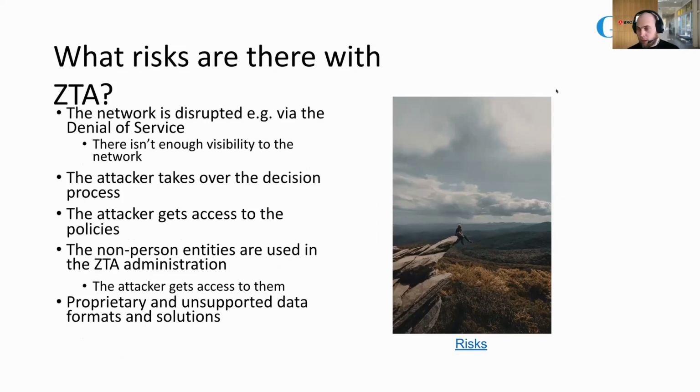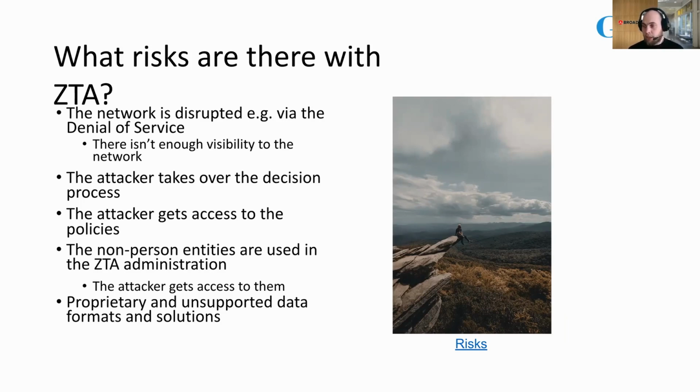So, as with any type of architecture and any type of approach to solving security problems, there are associated risks. These are the ones that are, I would say, well known, but we will go over them. So first, one of the problems is if you can't access the policy enforcement point, and one of the ways you can attack is, for example, via a DDoS attack, distributed denial of service.